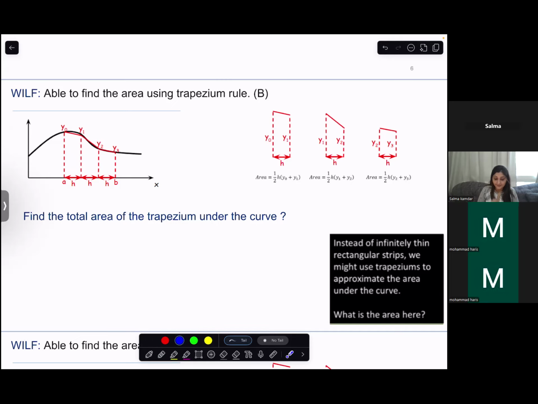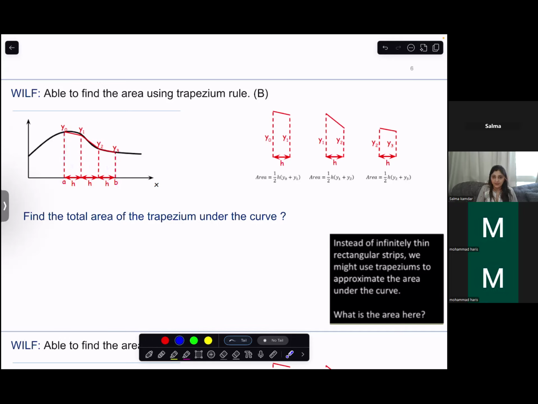This is the height, and this would be my a and b. So when I'm using the trapezium rule, for this particular example, I am dividing my area under the graph between b and a into three strips.